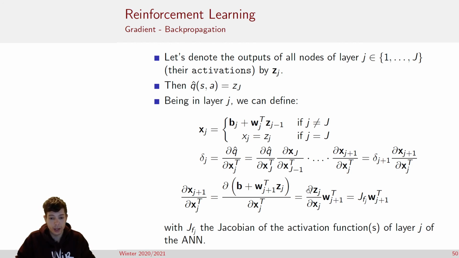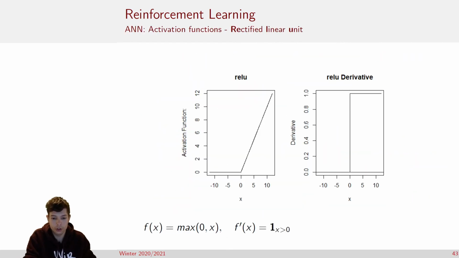But what we have is the derivative of z, so of the output of the layer with respect to the input of the layer, or at least of the input of the activation function. So this term here is then the Jacobian matrix of the activation functions with respect to their inputs. Basically, this term is a matrix that contains all the derivatives I showed you on these slides.